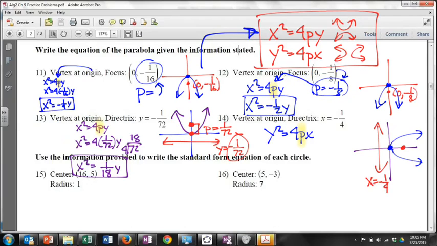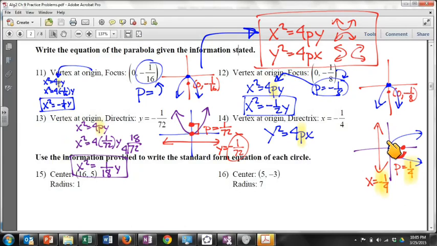Now I need to find the value of p to plug that in. p in this case is the distance right over here. p is equal to 1/4. It's going to be the positive version instead of negative 1/4.